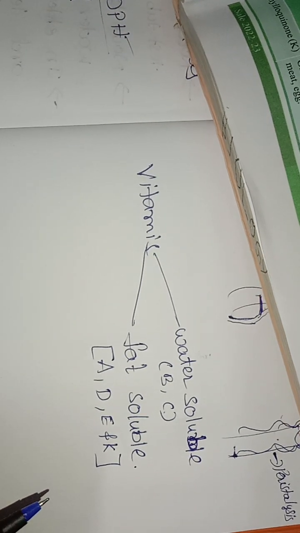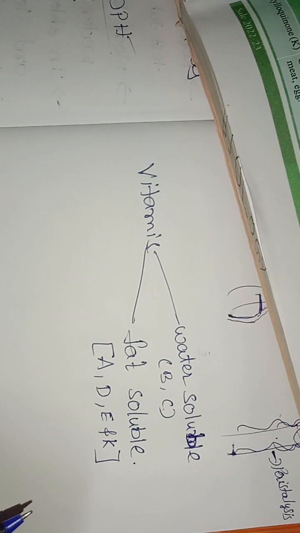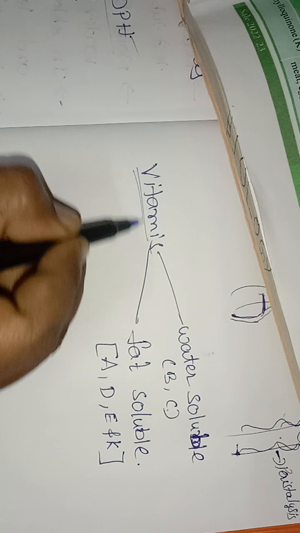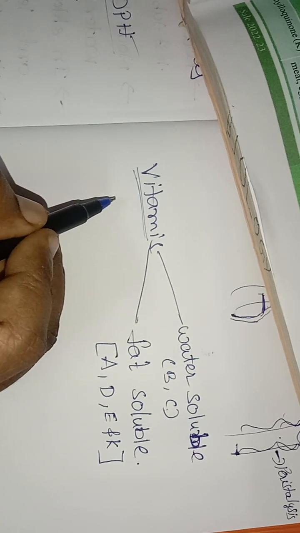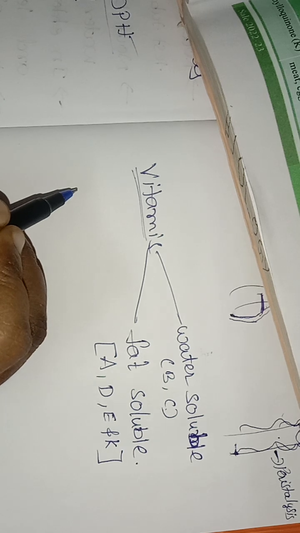Next, what are vitamins? Vitamins are organic substances. They are micronutrients required in small quantities. Even though we need them in very small quantity, they are called micronutrients. Actually, vitamins are not synthesized in our body.